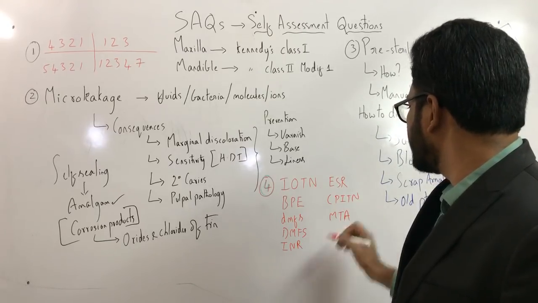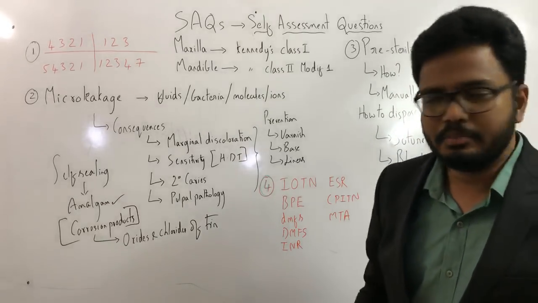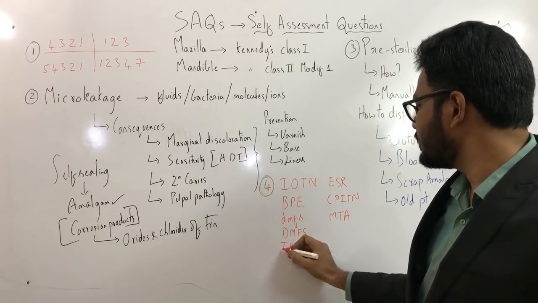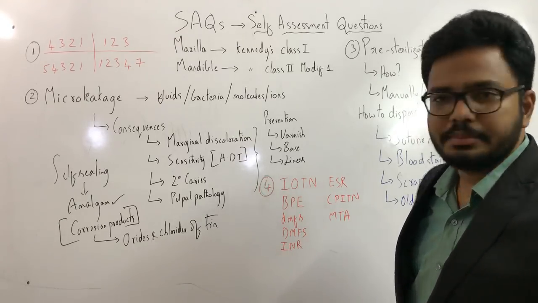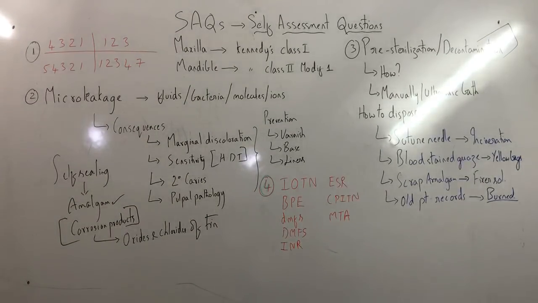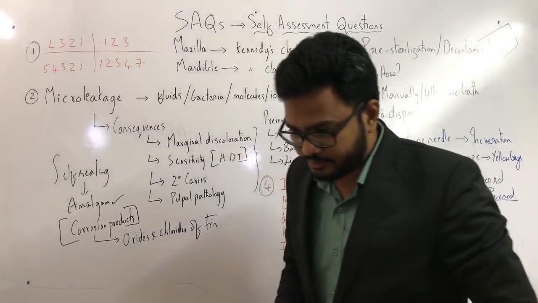You have these abbreviations: IOTN, BPE, DMFS, small letters, capital letters, INR, ESR, CPITN, and MTA. So try expanding these terms.